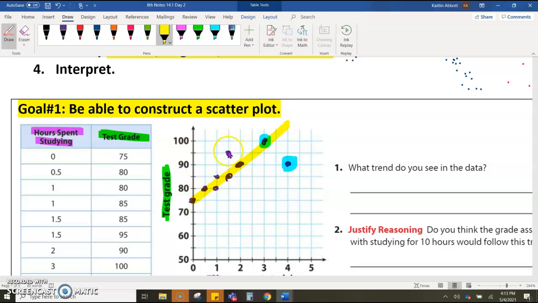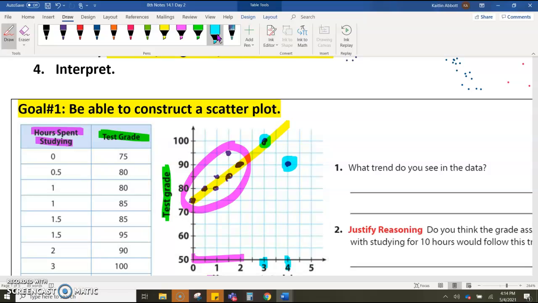This one could probably also be considered an outlier, but I would say this is the biggest outlier that we have, and this is a possible second. The majority of our cluster is here, the bulk of them. So we have two potential outliers. The cluster is between 0 and 2 hours. Our outliers are at 3 hours and 4 hours. Those are some of the trends that we got.